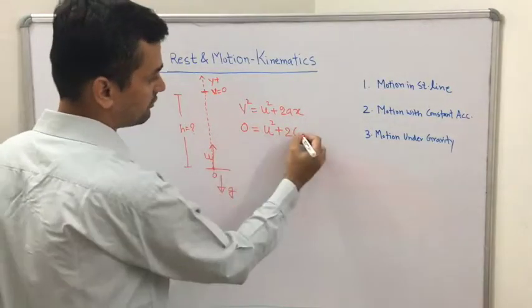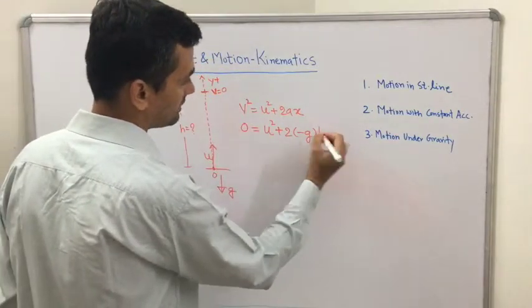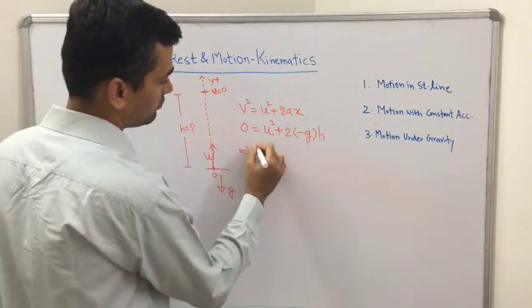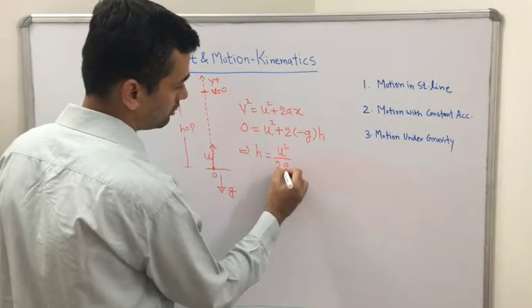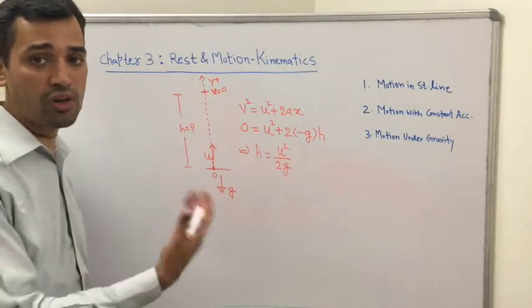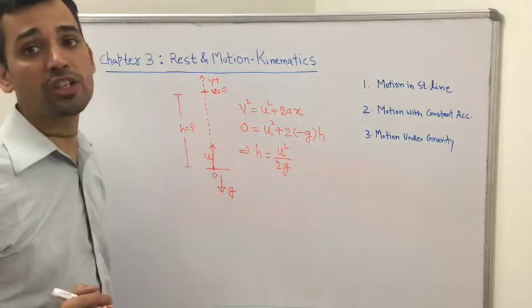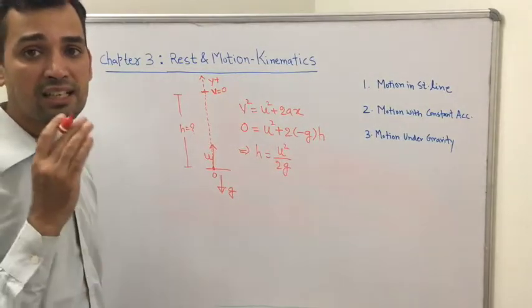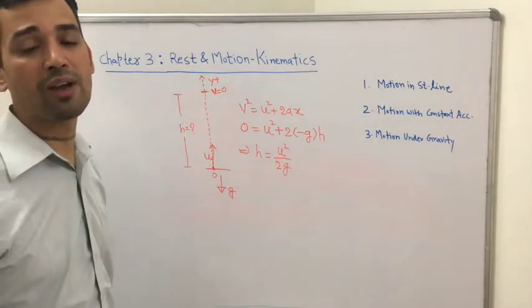Acceleration is towards negative, so this will be minus g, and x is towards positive, so x is positive h. So this gives me h is equal to u square by 2g. That's how we need to define our coordinate system, and it's very important to use the correct sign convention here, since displacement, velocity, and acceleration are all vector quantities.